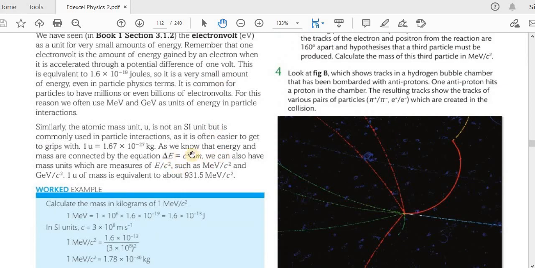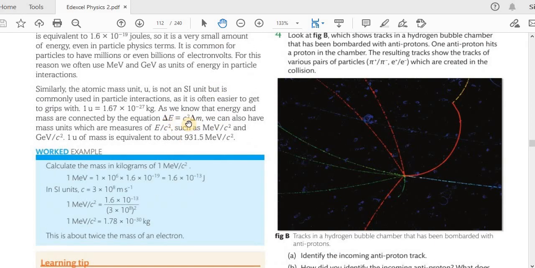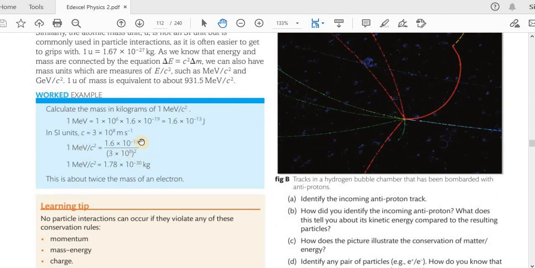Now based on this equation, you can see delta E divided by c squared is equal to delta m. So that means delta E, the energy in joules, divided by the speed squared, meters per second squared, should give you kilograms. Okay, so once you have everything in SI units here, your final answer will also be in SI units. SI unit of mass is kilograms. Let's do that. Now the numerator we already did here, so we'll write that here.